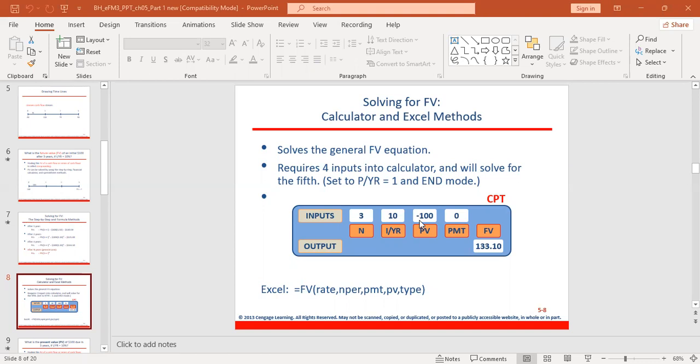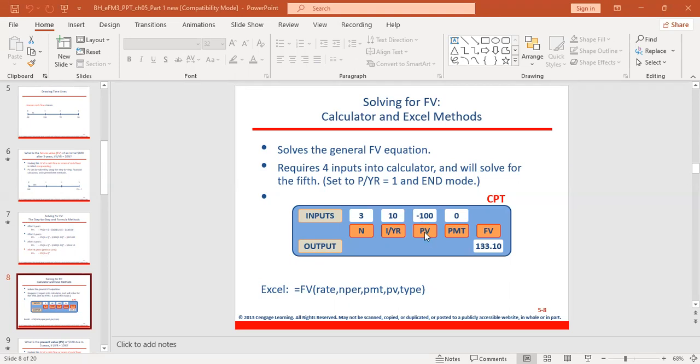All right, very important, so take note of that. If you want to get minus, that's how you do it. Then you press PV, the third button in the third row. So PV equals minus 100.